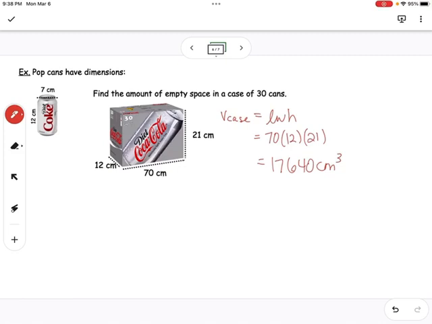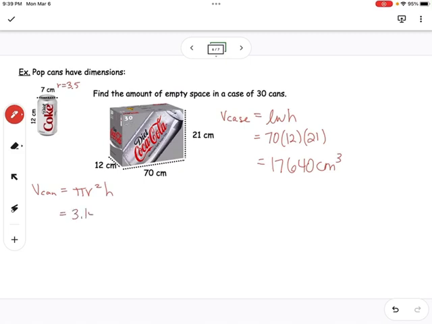Now we also want to find the volume of the can, and the volume of the can, that's a cylinder. The formula for the volume of a cylinder is pi r squared times the height. Our radius is half our diameter, so it's going to be 7 divided by 2. So our radius is 3.5.